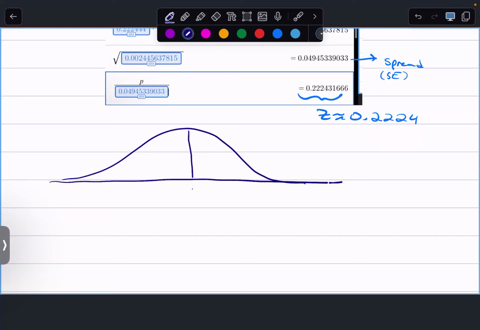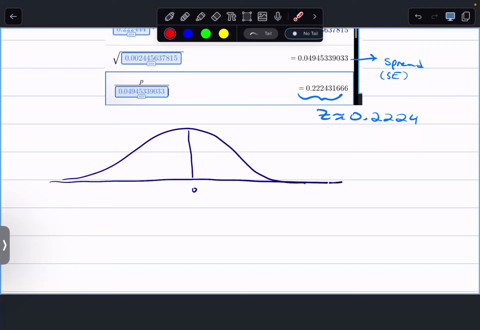Z is centered on 0 and it has a spread of 1. And we know just from the normal distribution that we have roughly 3 standard deviations until we run out of space under the curve. Technically, the curves continue on to infinity and negative infinity, but with very, very low probabilities.